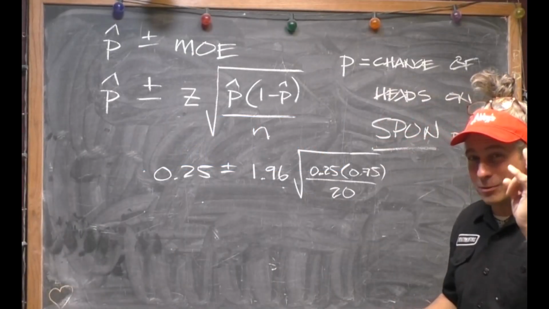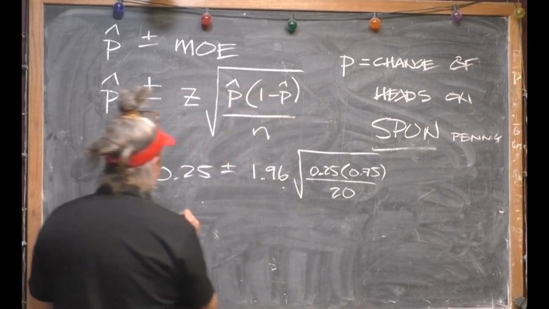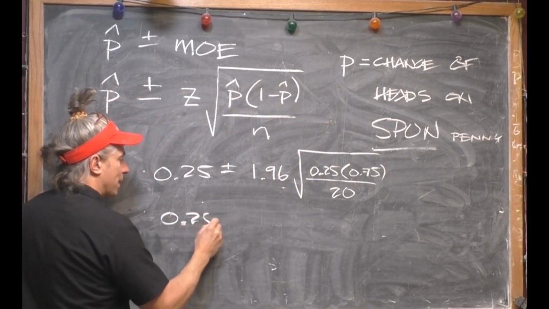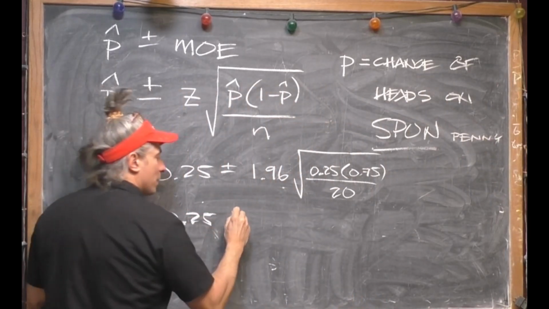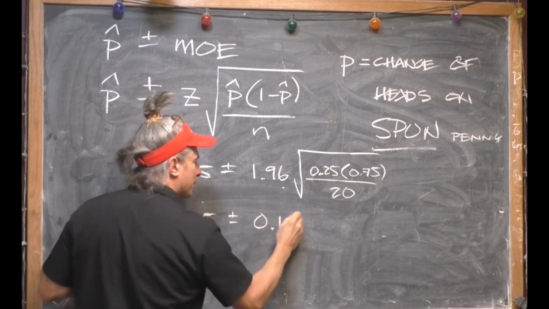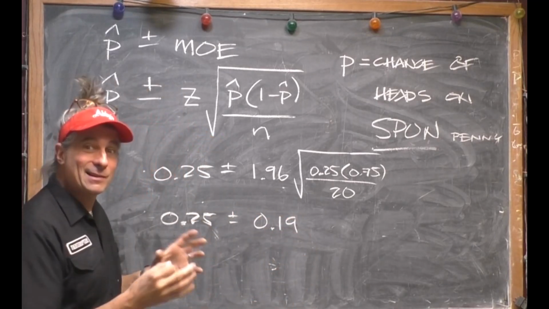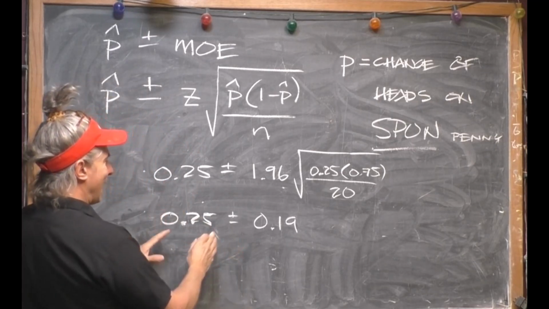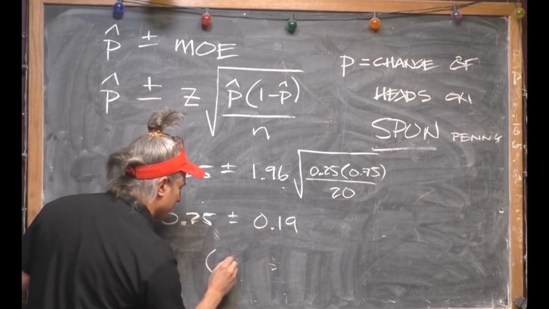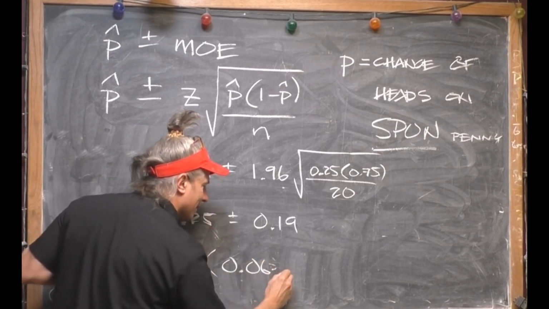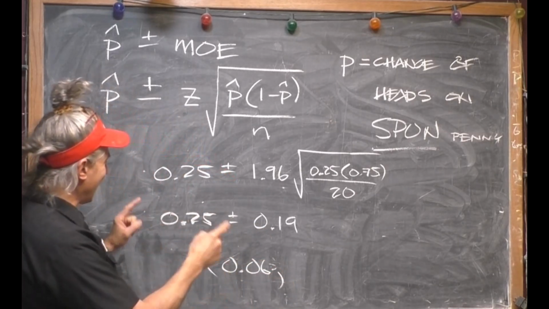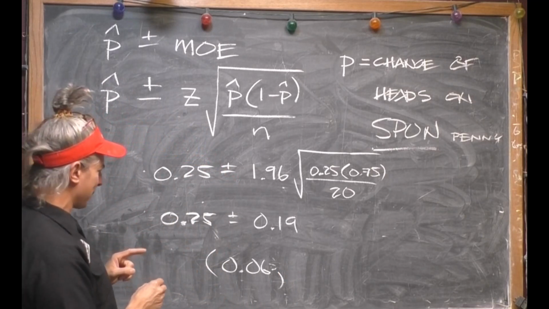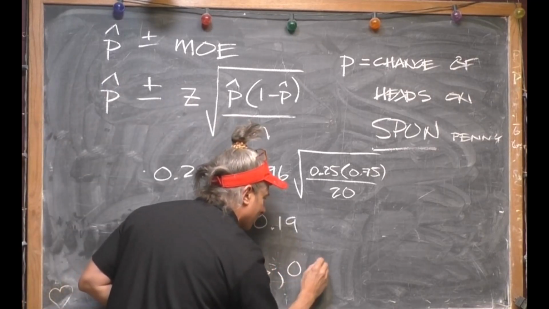Okay, my friends. So now we know that our p hat was 25%. The margin of error is 19%. That means we can put these two things together and come up with a confidence interval. So, if we subtract 19% from 25%, we get 6%. And if we add 19% to 25%, we get 44%.